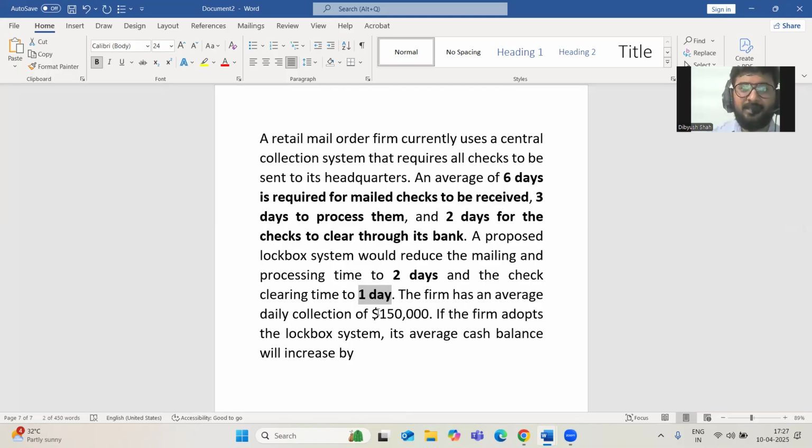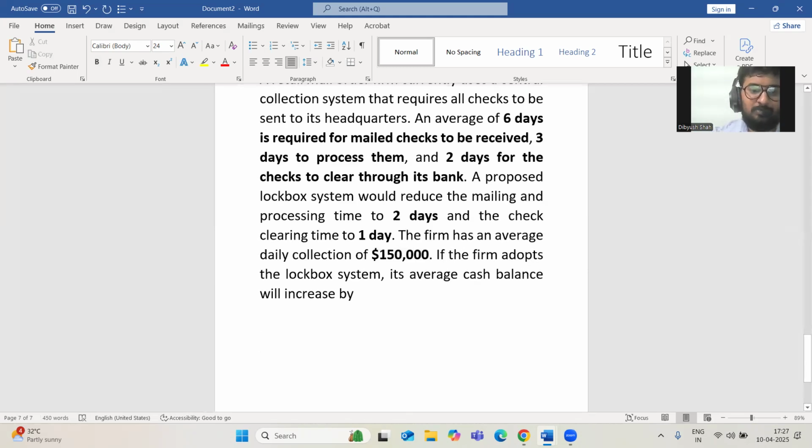What is my daily collection? 1 lakh 50. So how much will my cash balance increase by? Total time saved, 8 days. Earlier it was 11, now it is 3.